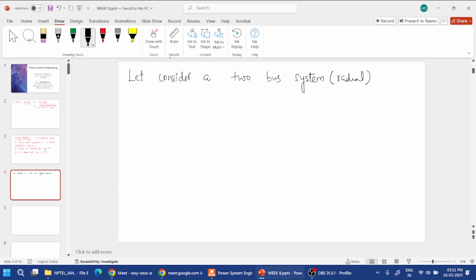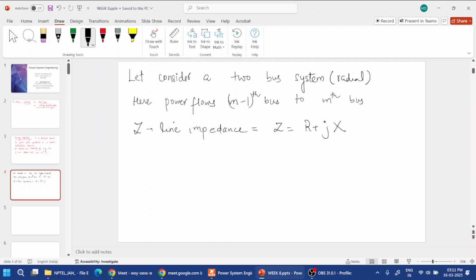So what happens here is that, let's say power flows from the m minus 1 bus to the mth bus. Let those buses be m minus 1 and mth bus. The line impedance, let's say, is Z equal to R plus jX.